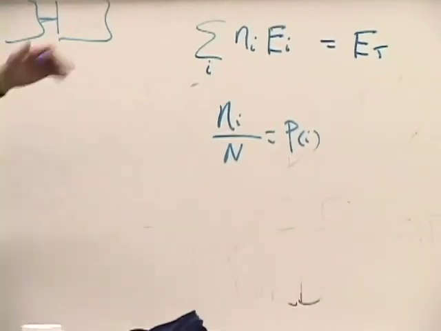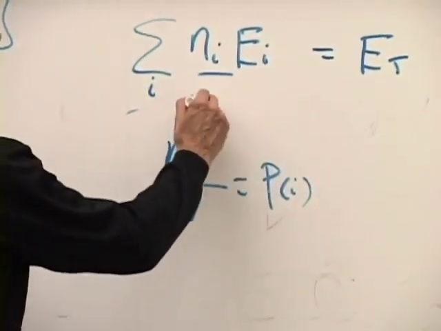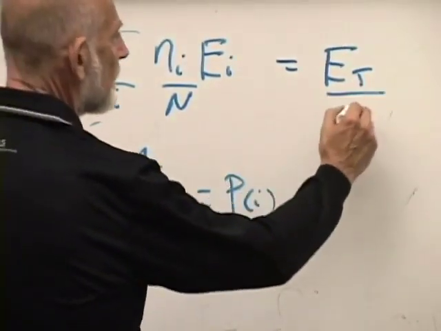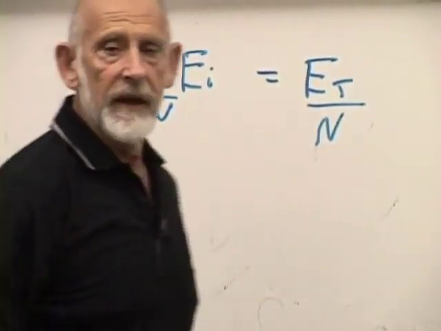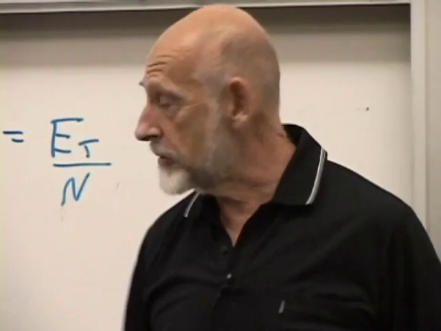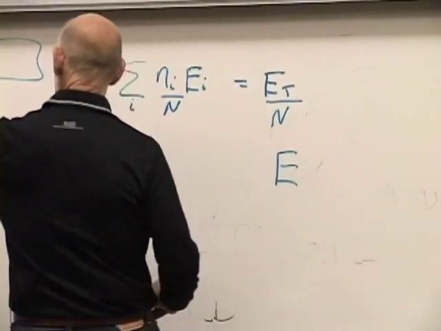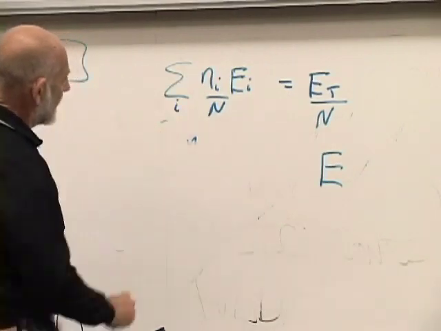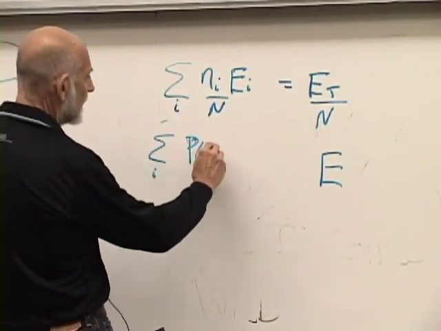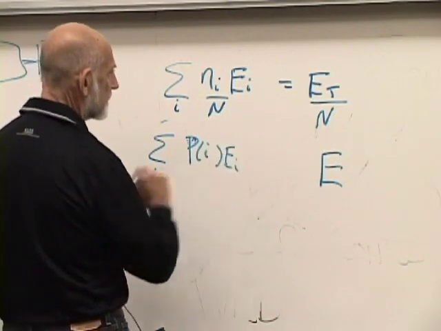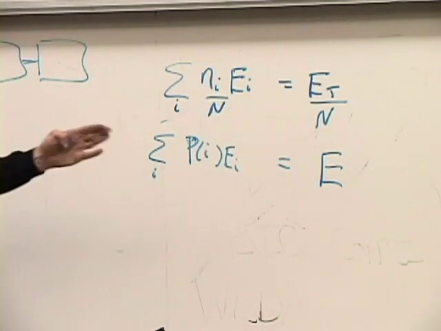We could divide this formula by N: E total divided by N. What's E total divided by N? It's the average energy in any given box. So we'll call this E, the average energy in a particular box, and this becomes the summation over i of P sub i, E sub i, equals the energy.